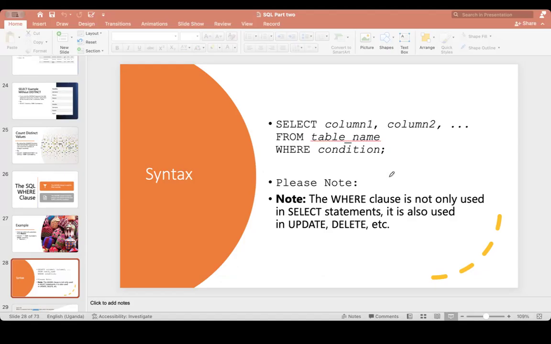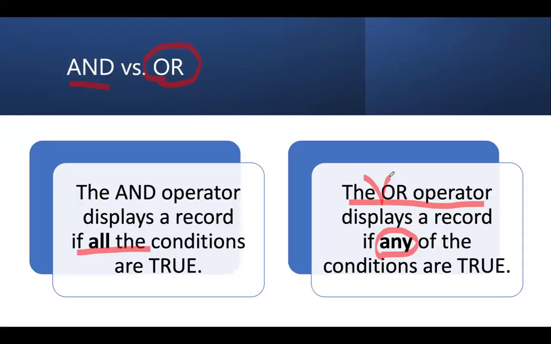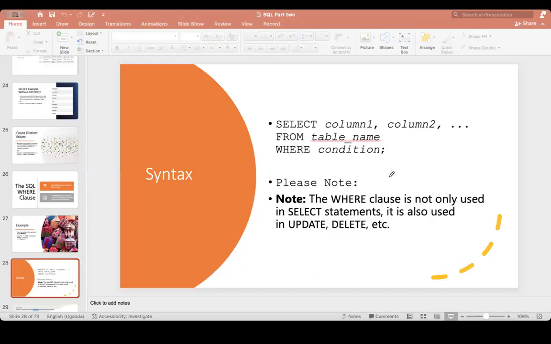That is using the AND operator, meaning that it is going to filter and return only someone whose name is Cisse and the district is Masaka. But when it comes to the OR operator, return for Miss Cisse or those whose districts are Masaka, meaning that all Cisses in the database are going to be returned, and even all those people who are coming from Masaka are also going to be returned, even if they are not called Cisse. Because at least one of the conditions matches, either the district or the name.